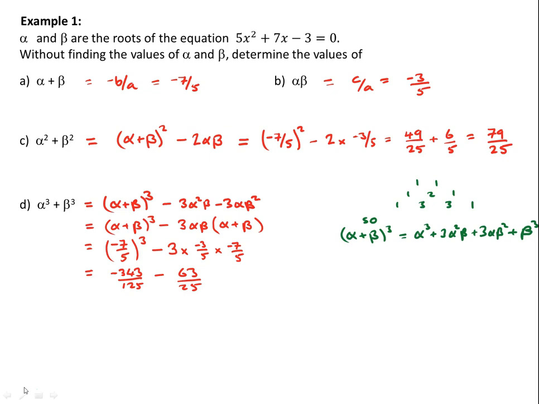Minus 7/5 cubed is minus 343 over 125, and 3 times minus 3/5 times minus 7/5 is 63/25. And that ends up giving me minus 658 over 125.